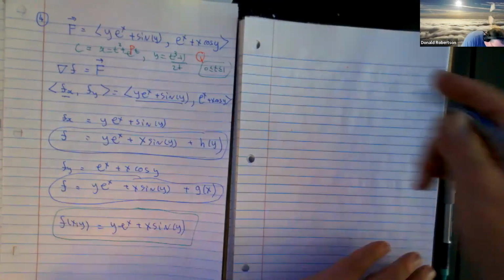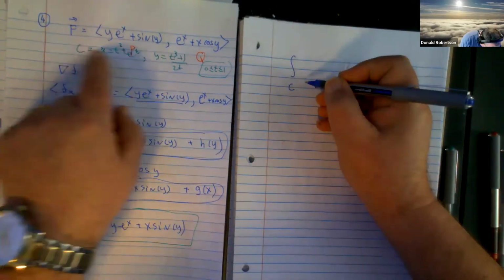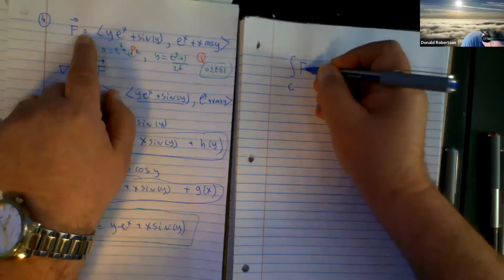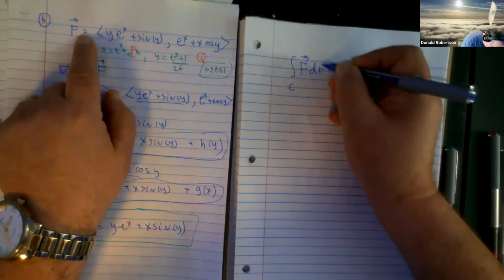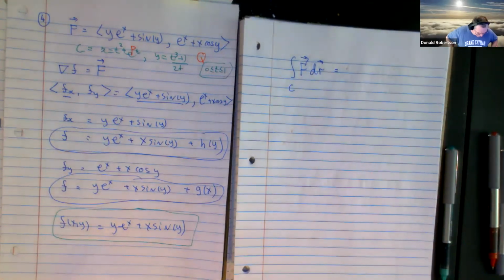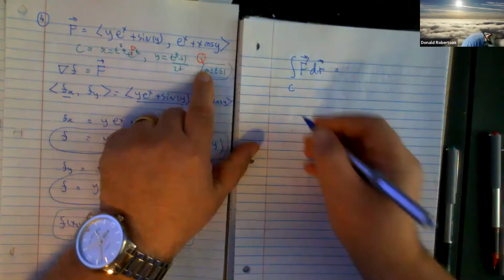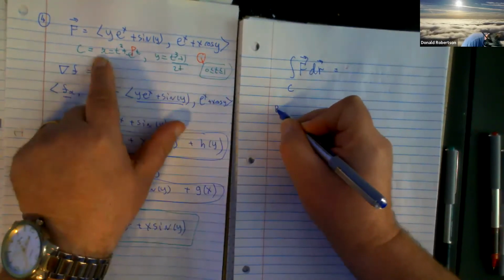So if someone said to you, what's the line integral for this curve on that guy, we would be saying, all I need to know is where do you start and where do you finish? So let's find out who they are. I'll call them P and Q.